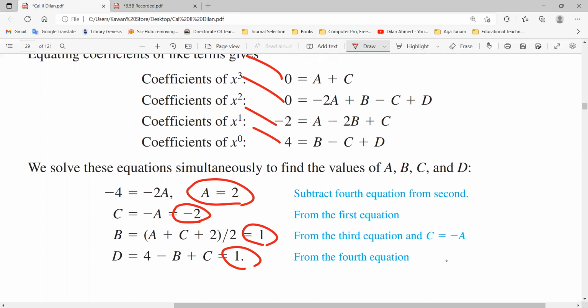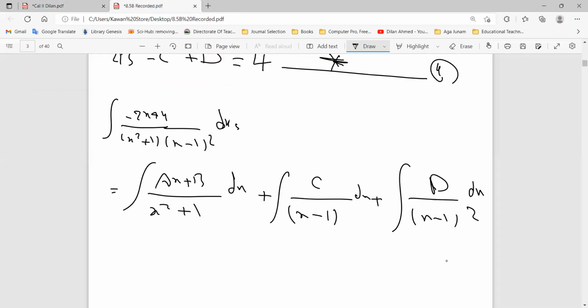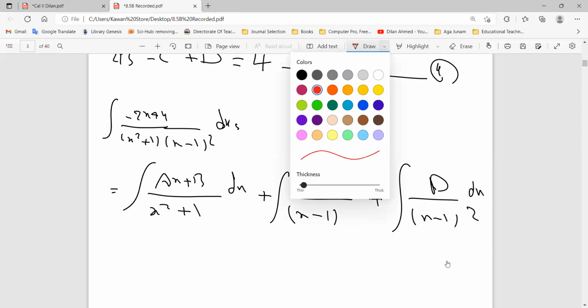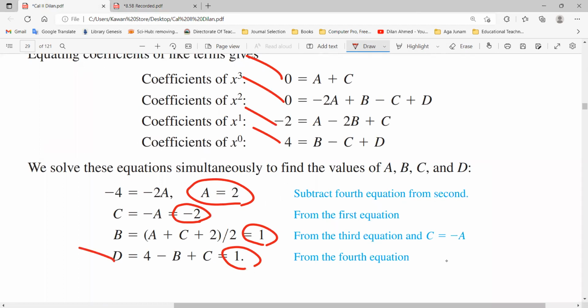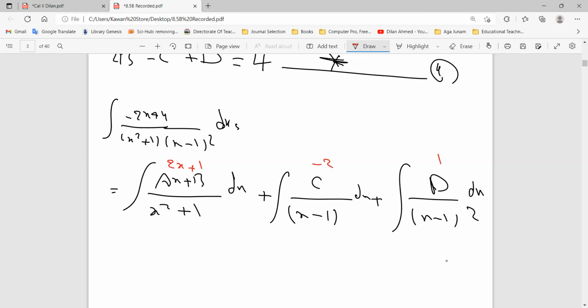A and B is 2 and 1. So 2x plus 1. C it was minus 2. D it was what? 1. Clear.